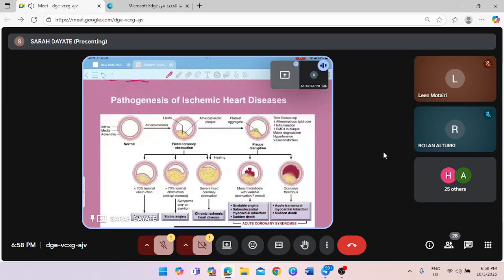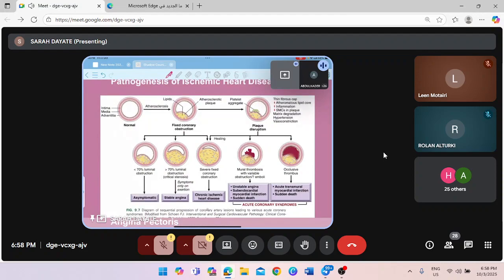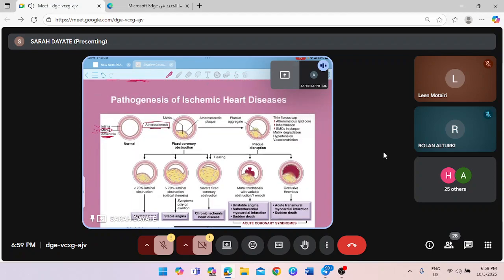Okay. So let's see the pathogenesis of the ischemic heart diseases. As you can see here, we have the layers of the blood vessel: the intima, the media, which has the muscle tissue, and the adventitia, which has the vessels. Atherosclerosis, when it occurs, is one of the reasons for ischemic heart disease. It occurs in the intima.